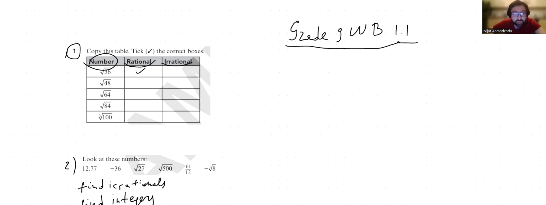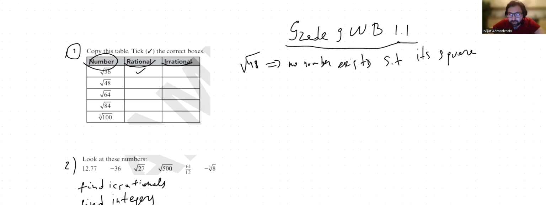Square root of 48 is not nothing, right? So square root of 48. We say that there is not any number, so no number exists such that its square is 48.